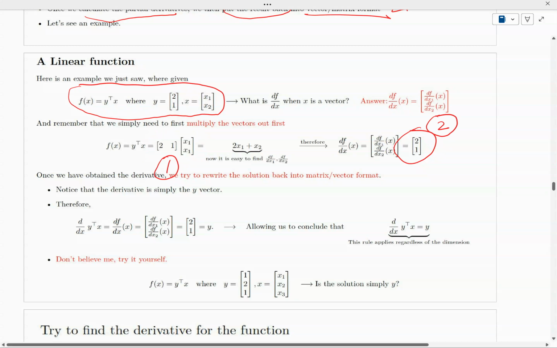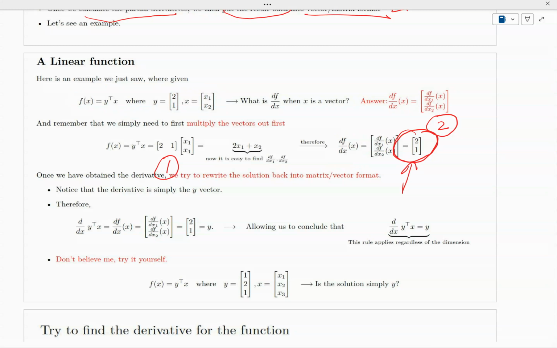Now I told you there's one last step, step three, which is to put the solution back in terms of the original vector. So if we look at this derivative in relationship to its original problem, you'll see that this is actually y.